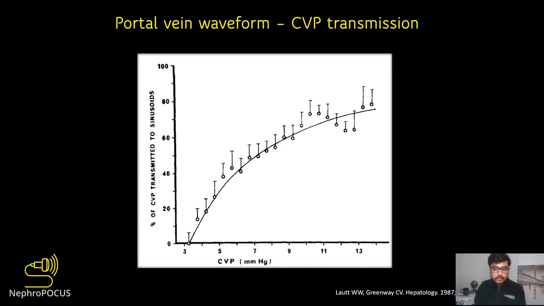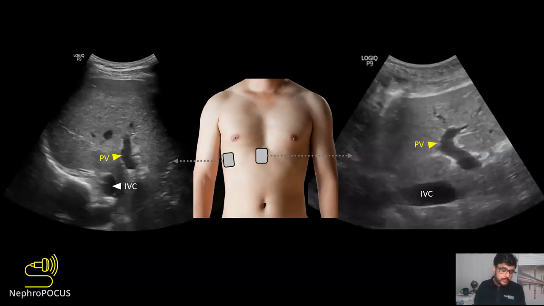So let's see how the portal vein appears on grayscale. The portal vein can be accessed through the right upper quadrant or from the subxiphoid window. In the right upper quadrant, once you find the hepatic vein, you fan the probe slightly anteriorly and the portal vein should come into view. And for the IVC, you should see a slightly oblique or transverse view of the IVC, with the portal vein crossing over the IVC and going into the liver.